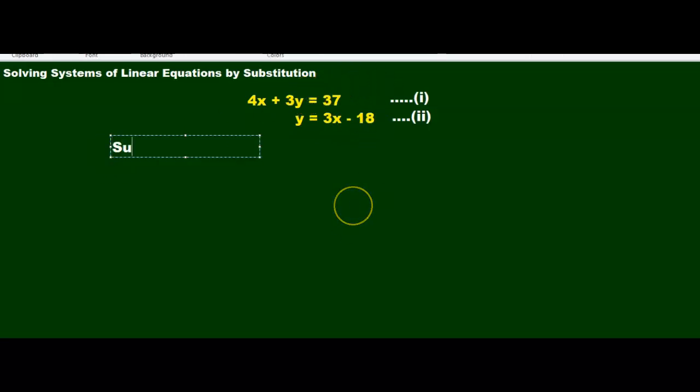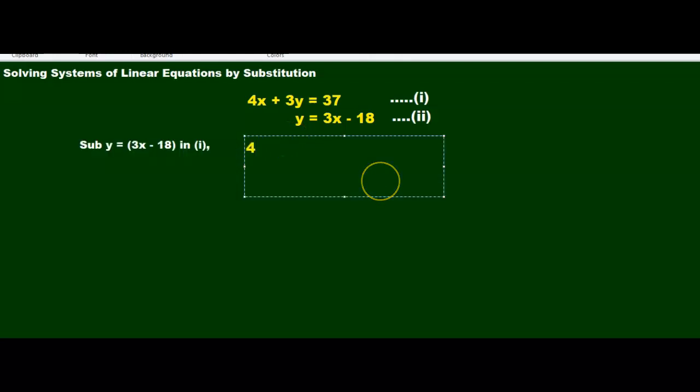So I'm going to say substitute y equals 3x minus 18 into equation 1. Therefore, 4x plus 3 times (3x minus 18) equals 37.